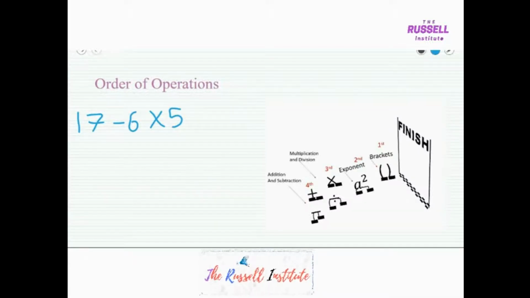Welcome to another video. Today we're going to be talking about the order of operations, otherwise known as BOMDAS or BEMDAS or PEMDAS, whatever variation your teacher has given you. I like to say BEMDAS, simply because the O, which means order or operation, is not a common term we use in mathematics.